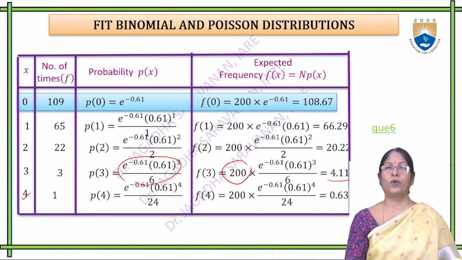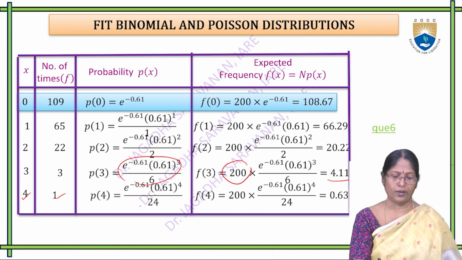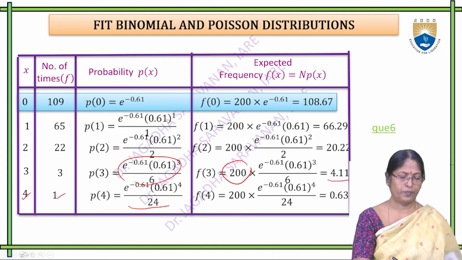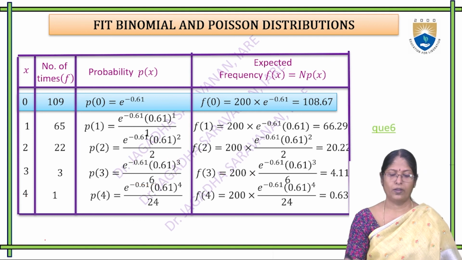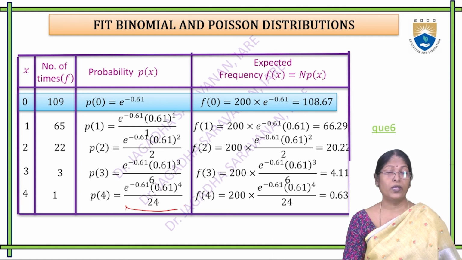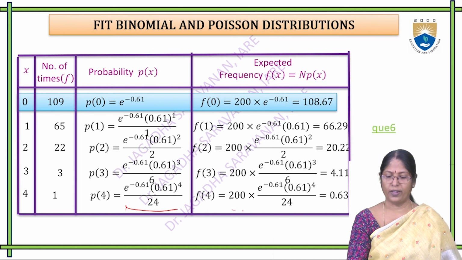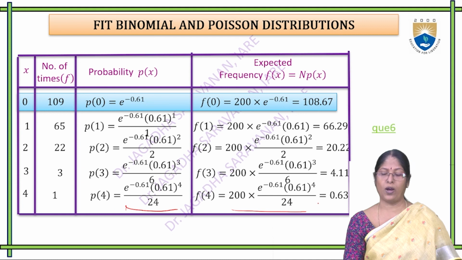When x equal to 4, the frequency is 1. So e power minus 0.61 into 0.61, the whole power 4 divided by 24, which is multiplied by 200. So 0.63.